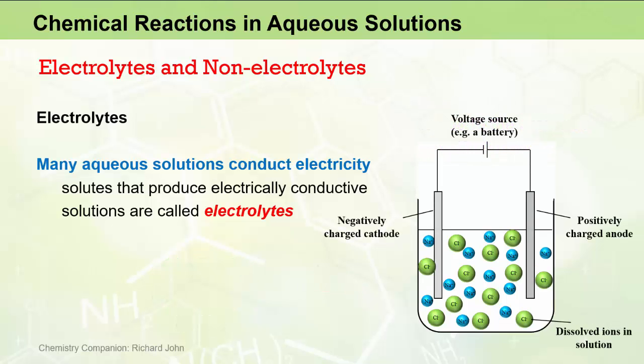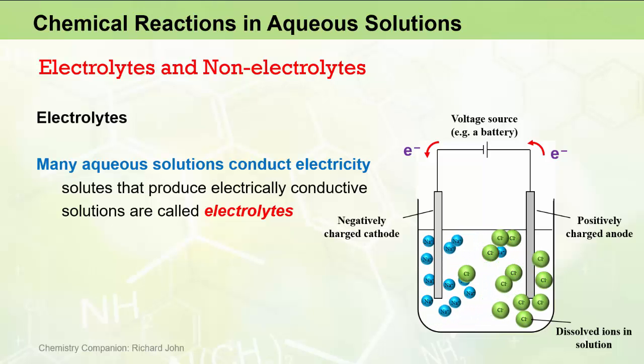If we were now to take this solution and stick a pair of electrodes in it and hook those electrodes up to a voltage source such as a battery, we would actually create a closed electrical circuit. In the external circuit, the electrical current is maintained by the movement of electrons in the copper wire. So in the external circuit, the charge carriers for electrical current are electrons. In solution, however, the charge carriers are positively charged cations and negatively charged anions.